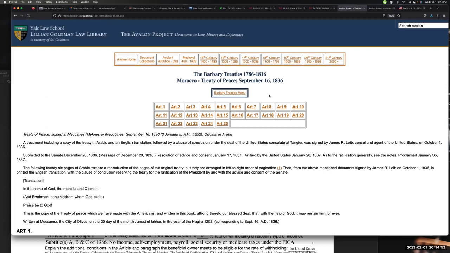Remember, the Barbary treaties are the Tunis of Tripoli. There's another, we have Tunis and Tripoli, and then you have all of the Barbary states. Now, before it was called California, Nebraska, Arizona, those were the Barbary states where the Atlantic slave trade was taking place. It was very brutal, very tough in those times.